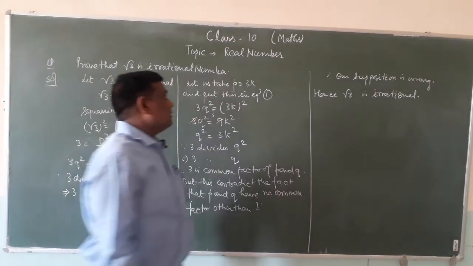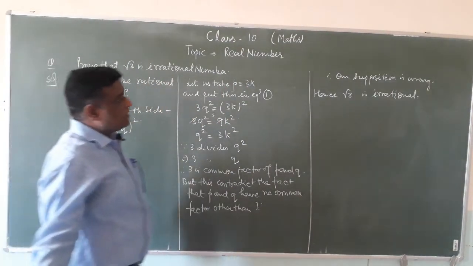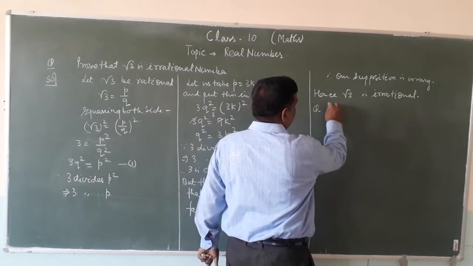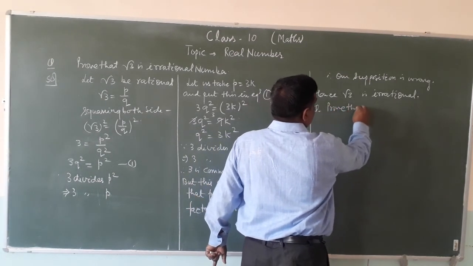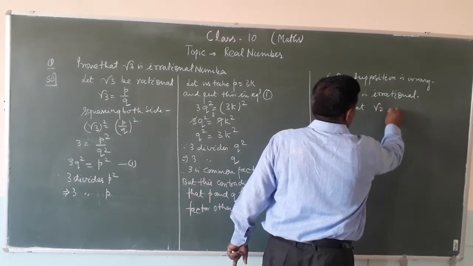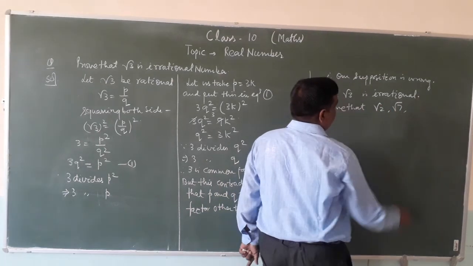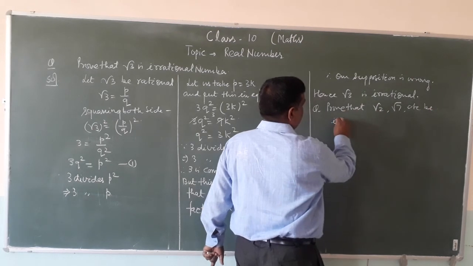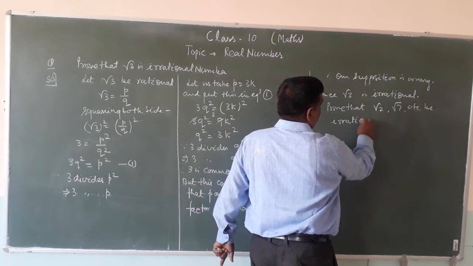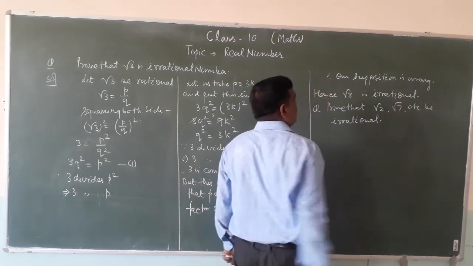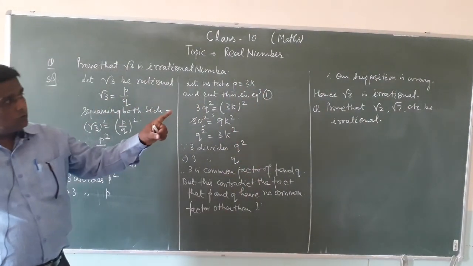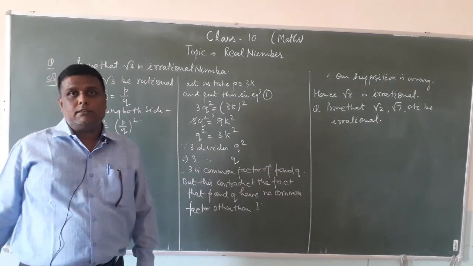And now on this basis you can prove some questions I will give you: prove that root 2, root 7, etc. are irrational. You can also do these questions on the basis of this, that root 2 and root 7 are irrational. Thank you.